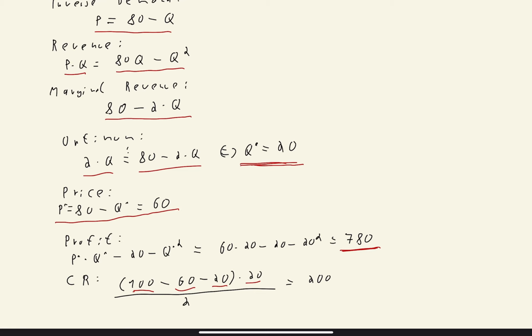Then you multiply this with 20, which is the quantity traded in equilibrium, and divide it by 2 and end up with 200. So as you can see, both profit and consumer rent decreased due to the introduction of the tax, which imposed 20 monetary units to be paid by the consumers.